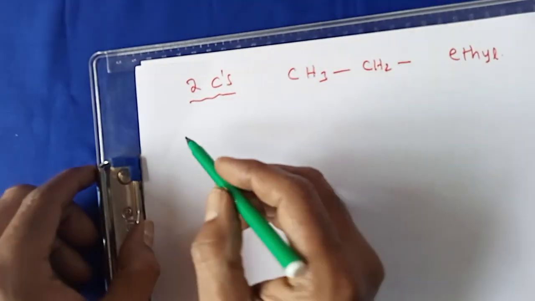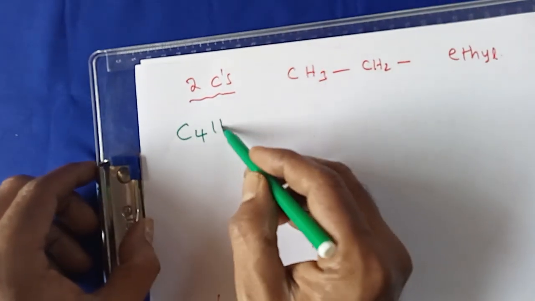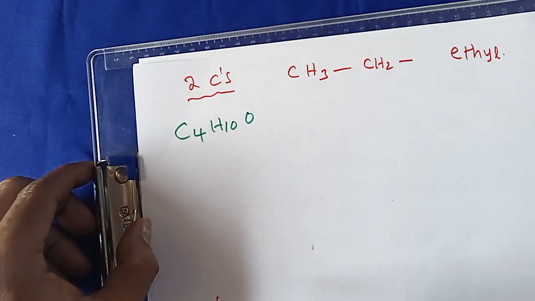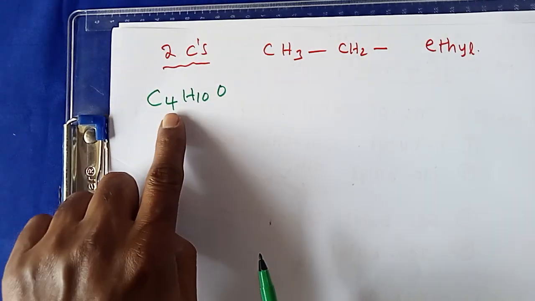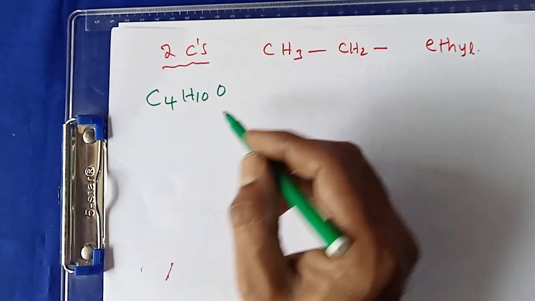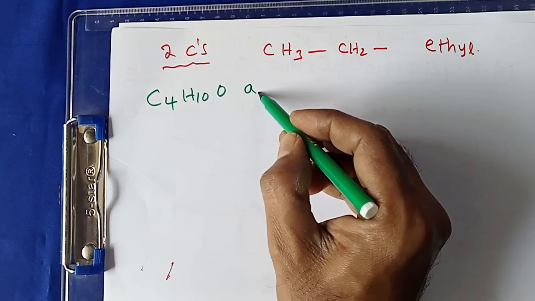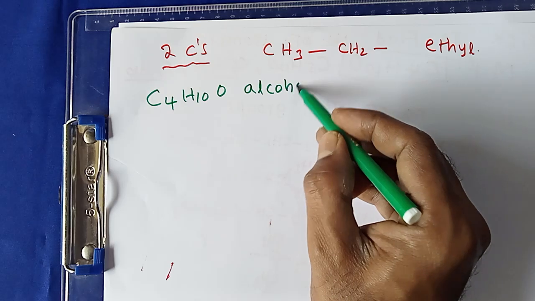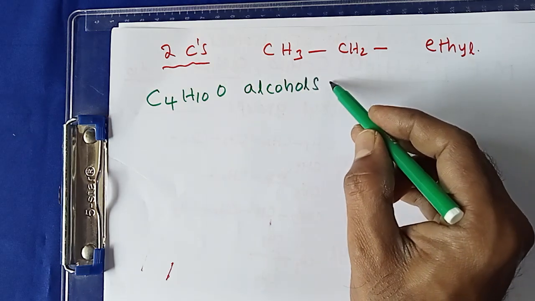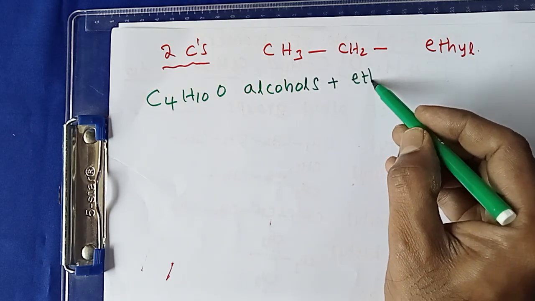Now see that C4H10O. So here 4 carbons are there. Then for this one, what is possible? Alcohols plus ethers possible.